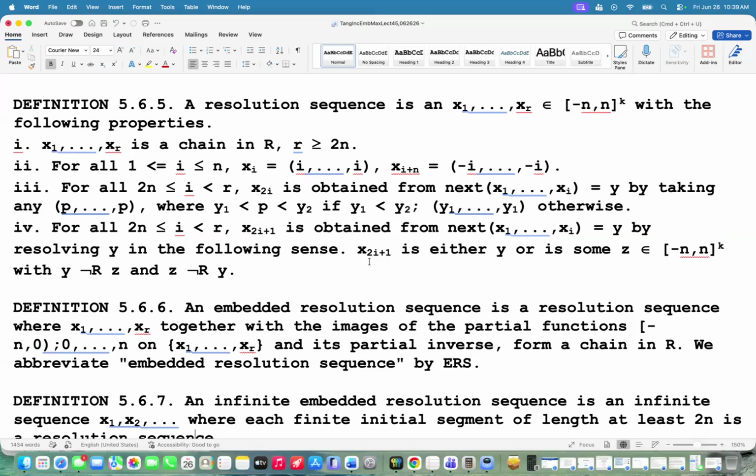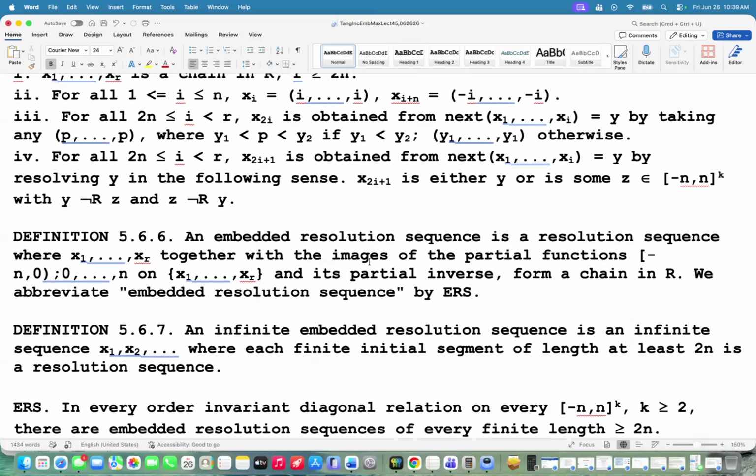Excuse me, I didn't say it right, you have a p-shift embedded set or sequence. That's the definition. When you take the image under those functions, it remains a chain. That's the point.